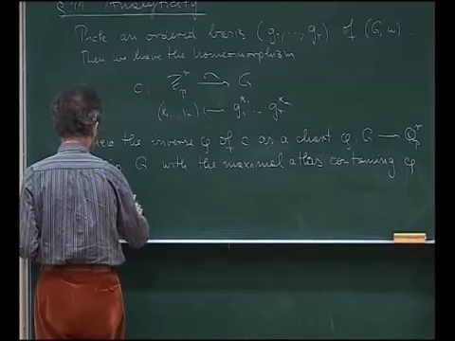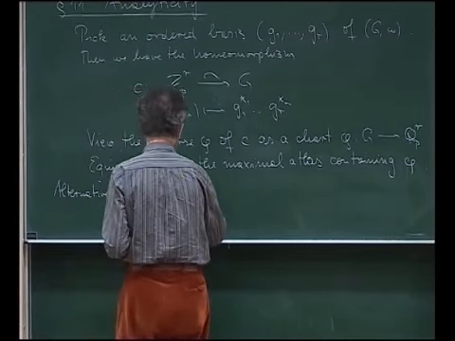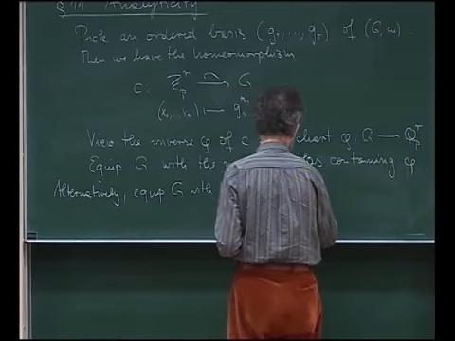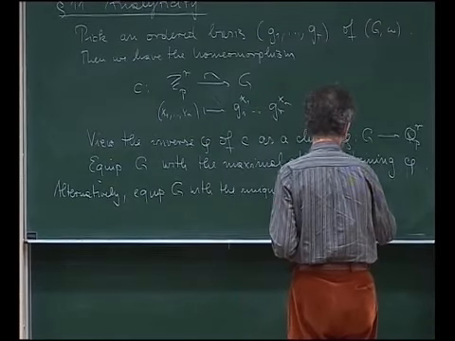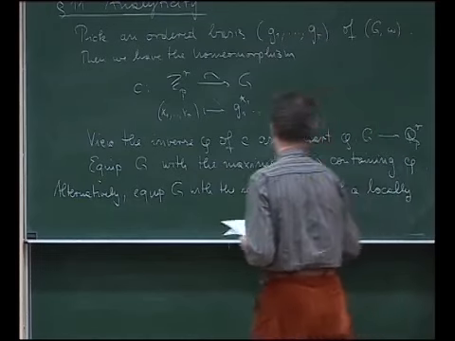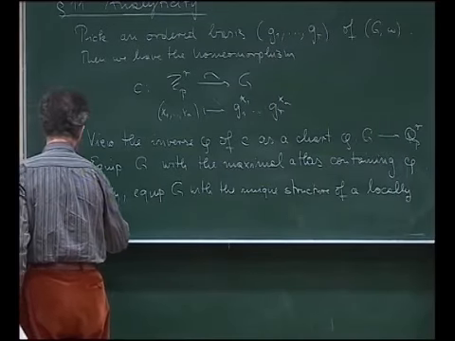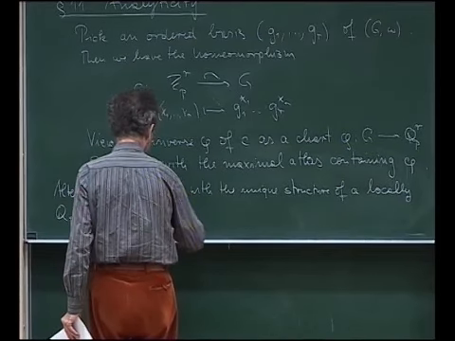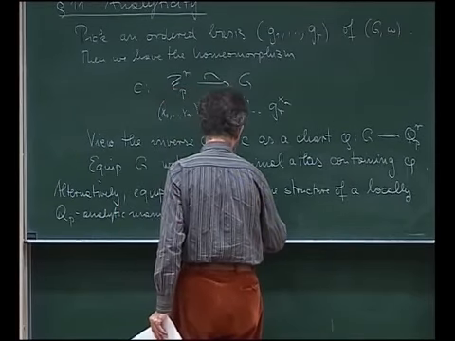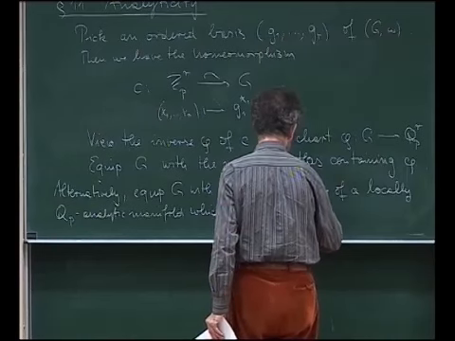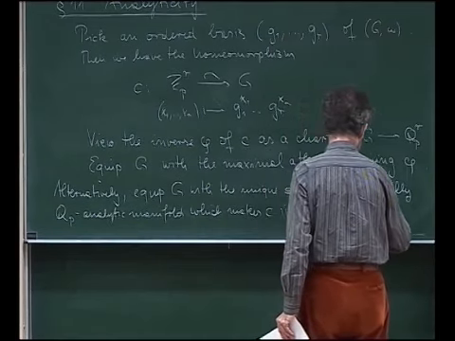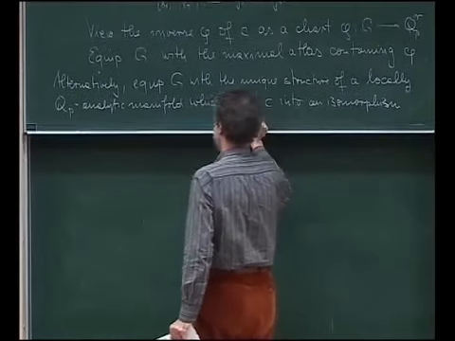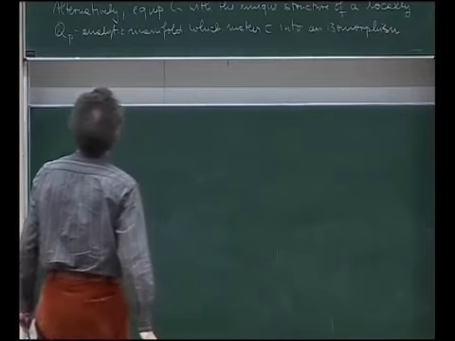Anyway, another way to say this would be, equip alternatively G with the unique structure of a locally Qp analytic manifold which makes C into an isomorphism of manifolds.